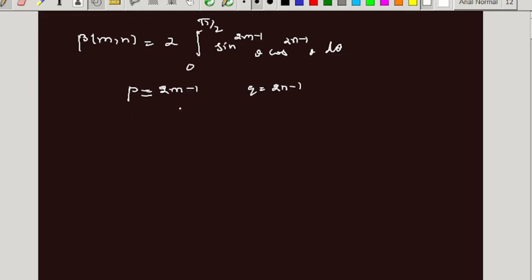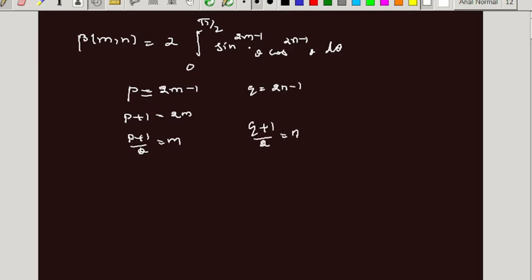So here if we modify this one, we can write it as p plus 1 equal to 2m, p plus 1 dividing by 2 equal to m. Similarly we can write q plus 1 dividing by 2 equal to n.